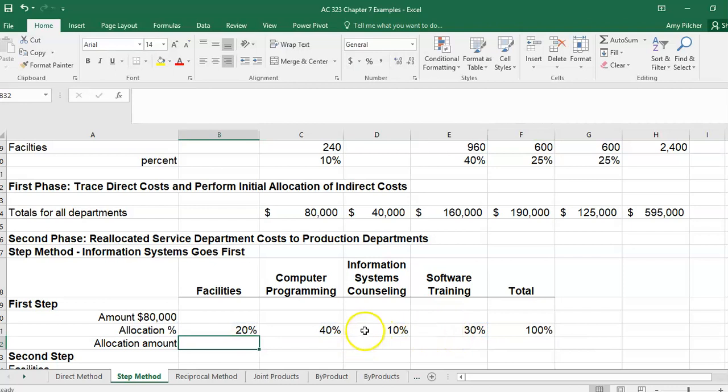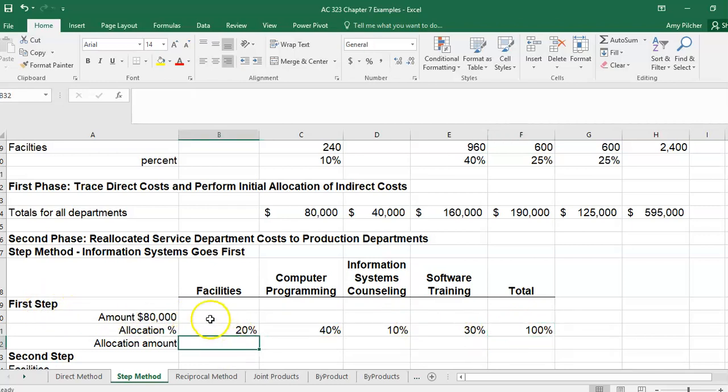Unlike in the direct method, where we're only looking at the percentages of the production departments, so they don't equal 100%, and we have to come up with a new allocation percentage based on their percentage divided by the sum, here we equal 100% because we're looking at all 4 departments that use the information services.